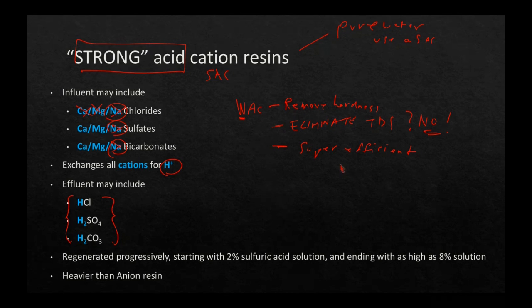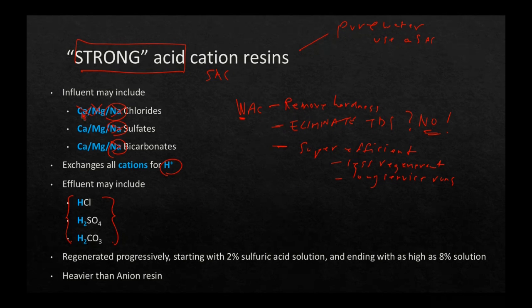Okay? So because it's super efficient, we use less regenerant, and we get long service runs. And where you got really crappy water, like you have in a SAGD plant, it's really, really good.